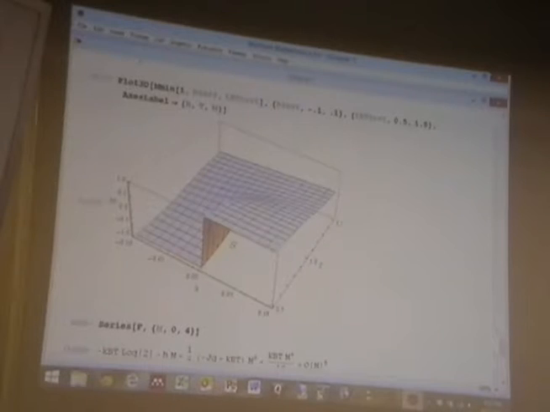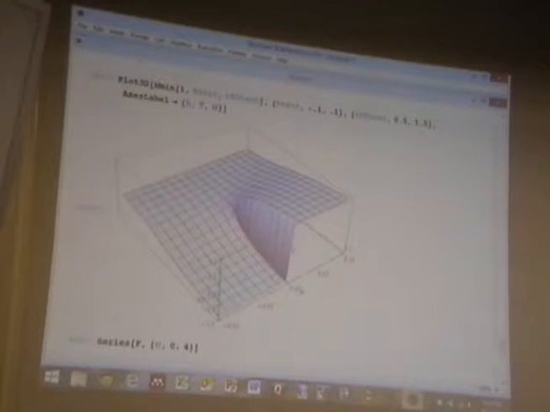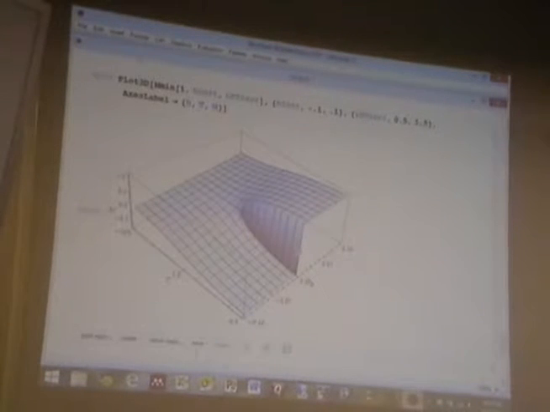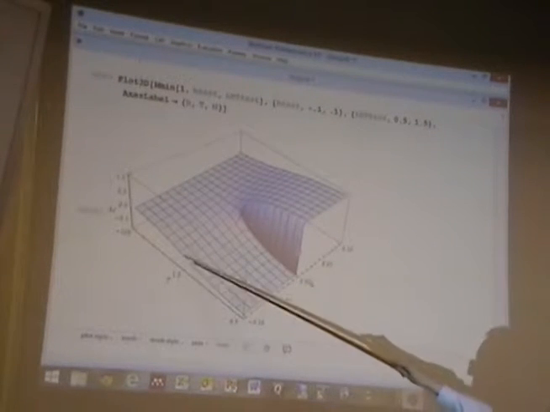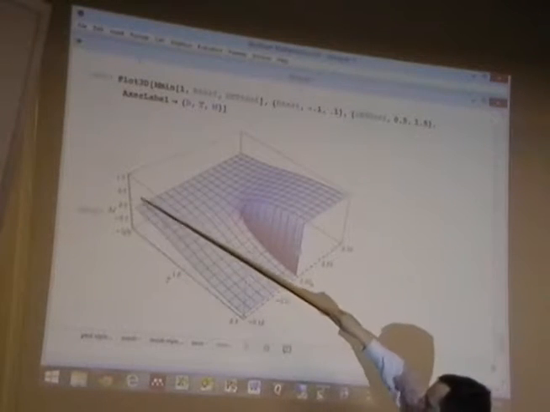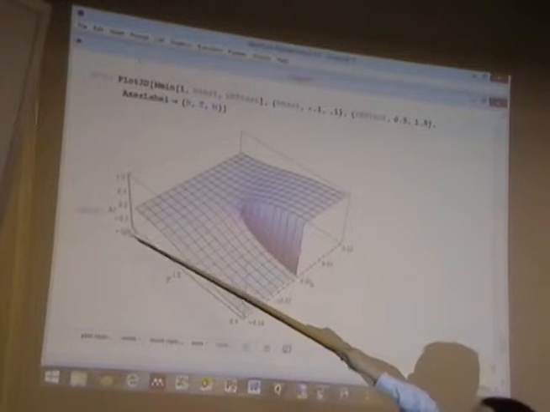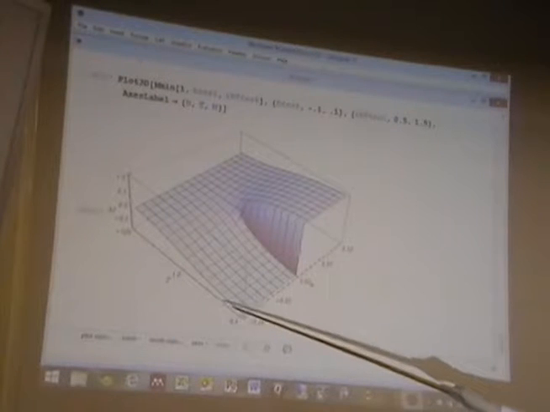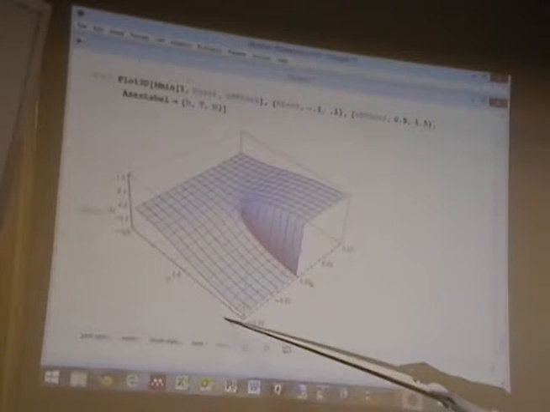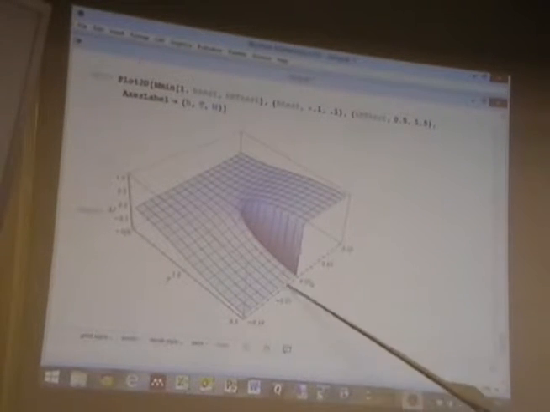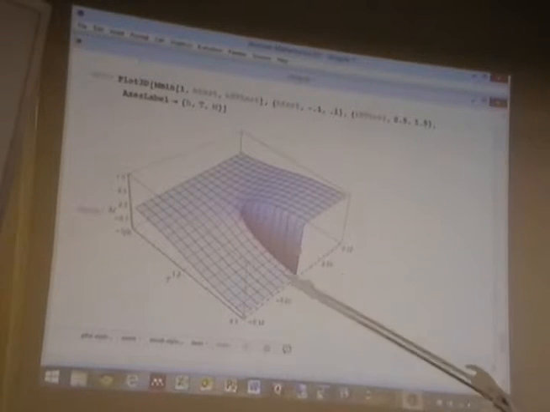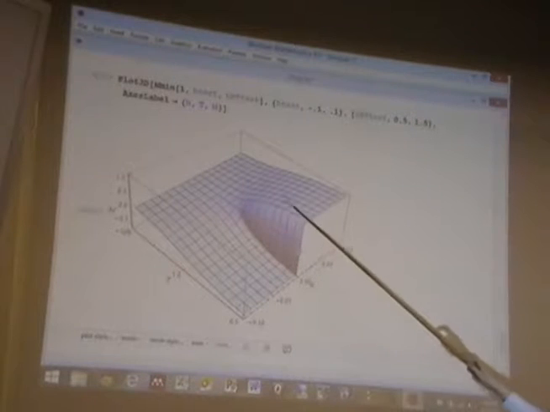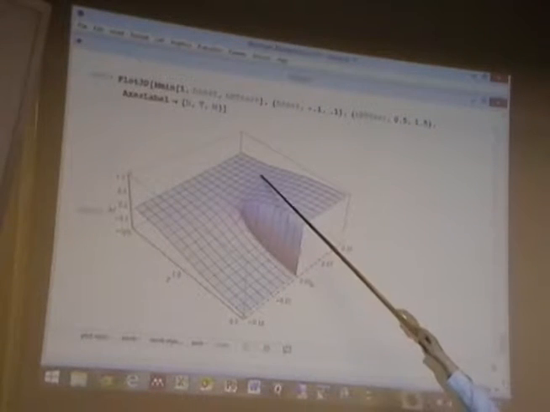And so here, what you can see in the three-dimensional plot is that there is a nice smooth surface, right? This is a plot of the magnetic order parameter as a function of temperature going from high to low, and magnetic field like this, right? And so at high temperature, everything is nice and smooth.